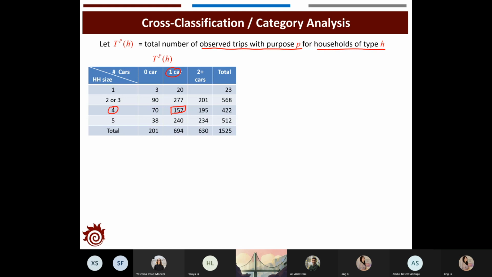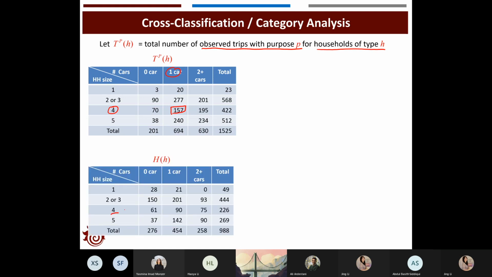And we also know how many households are in each category, for the specific category with 4 persons in the household and 1 car. There are 90 households.